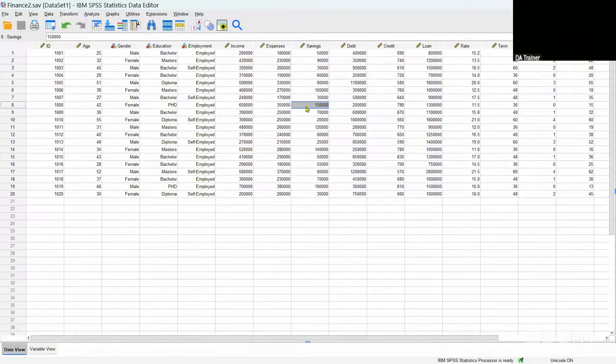Okay, so for a very quick understanding, a very quick notification before we dive into our analysis, we have gender as male and female, and then educational level we have secondary school certificate customers, we have diploma customers, we have bachelor, we have masters and PhD customers, and then under employment we have those who are employed and those who are self-employed, even down to unemployed.